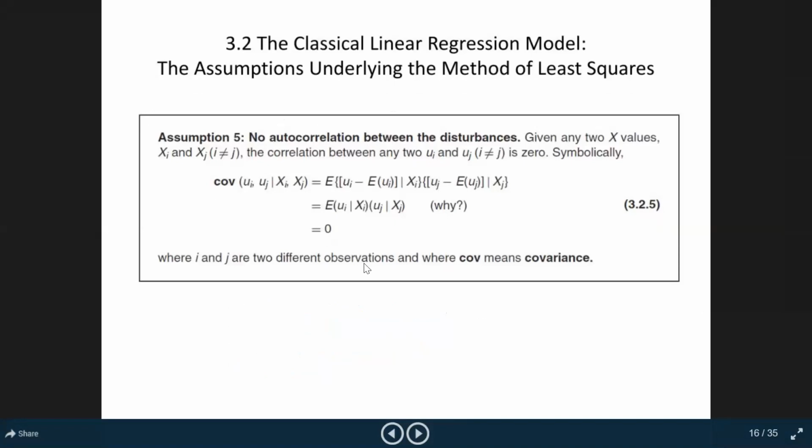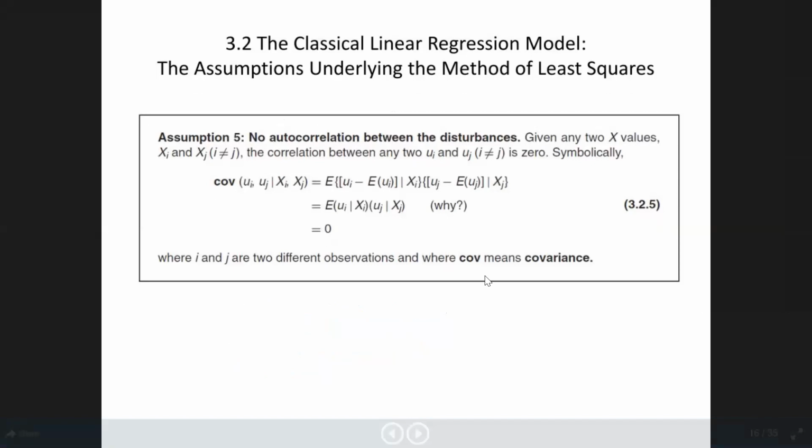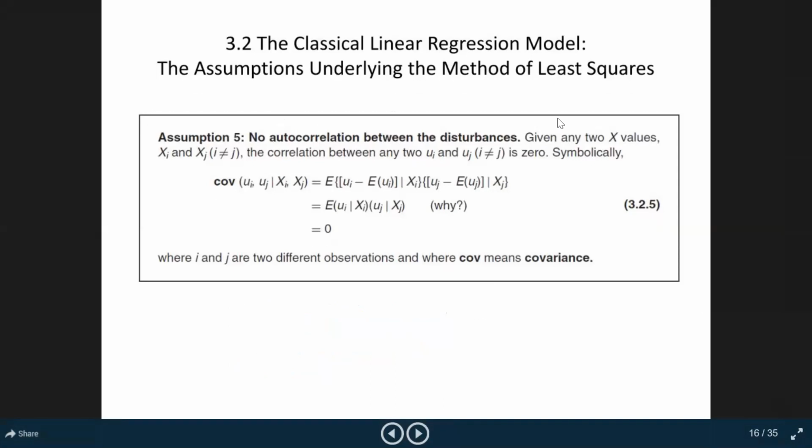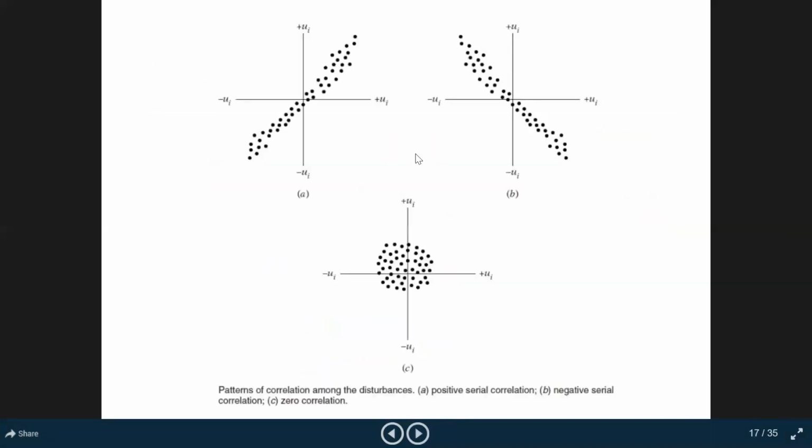The disturbance terms will be independent of each other. If in any case you find that the disturbance terms are correlated, then in such a case we will not be able to use the method of ordinary least squares to find the coefficients beta 1 and beta 2. It is also displayed in the figure that in the first figure there is a correlation, and this is a positive serial correlation. In the second case, this is the negative serial correlation, and in the third case there is no autocorrelation or serial correlation.